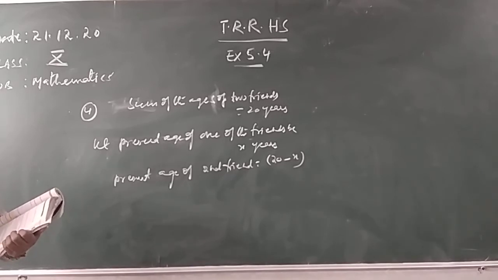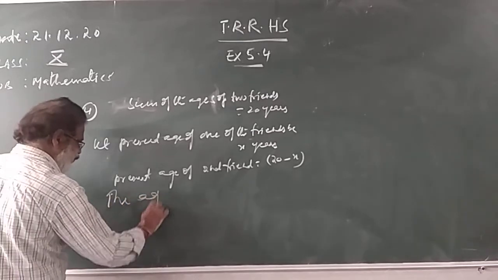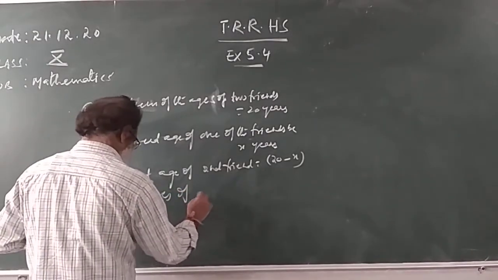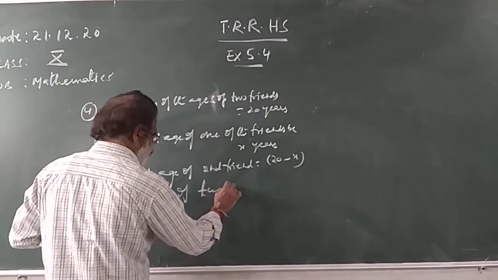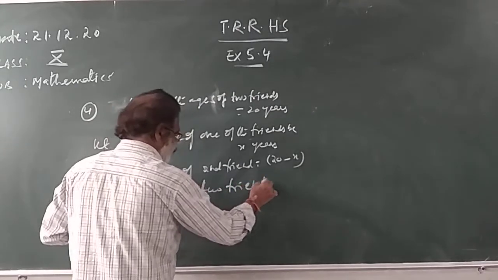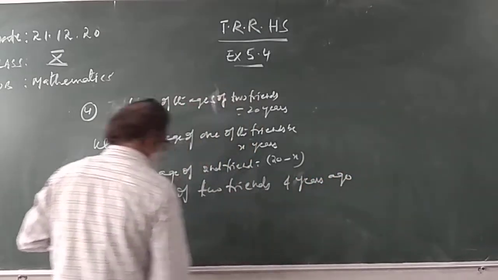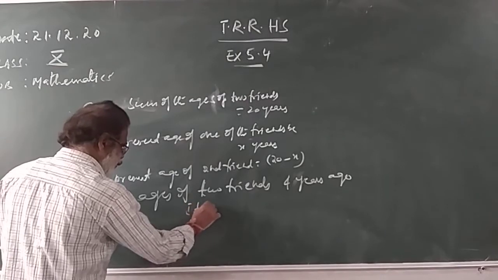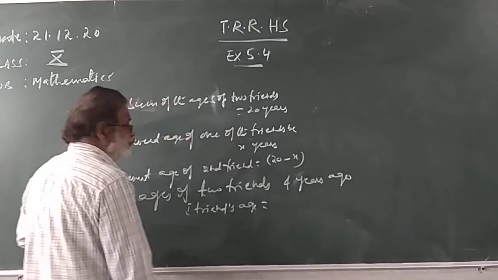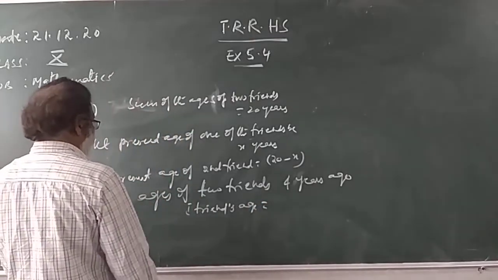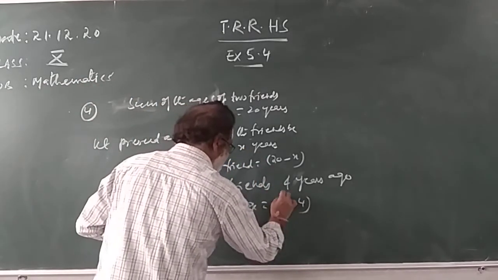What happened here? The product of their ages 4 years ago. First friend's age is x; 4 years ago, x minus 4.